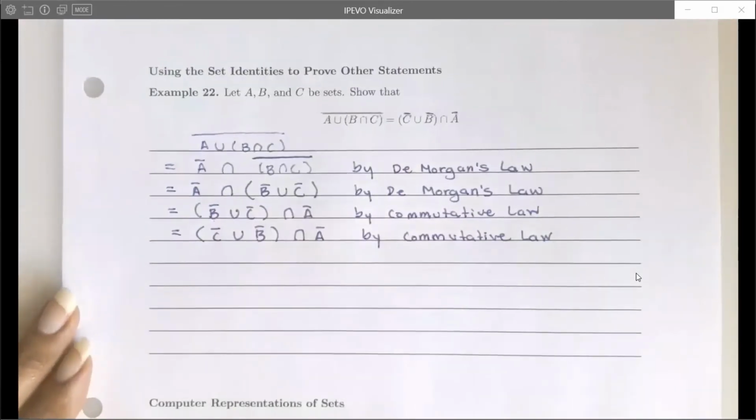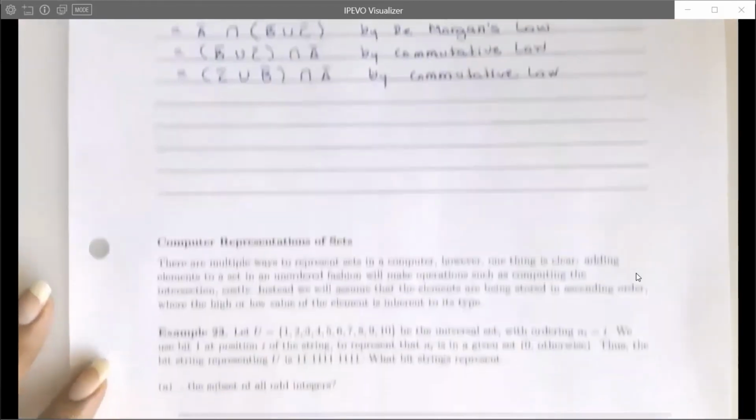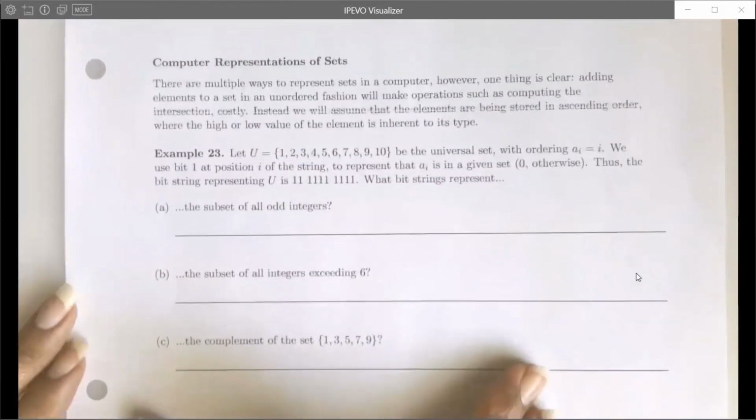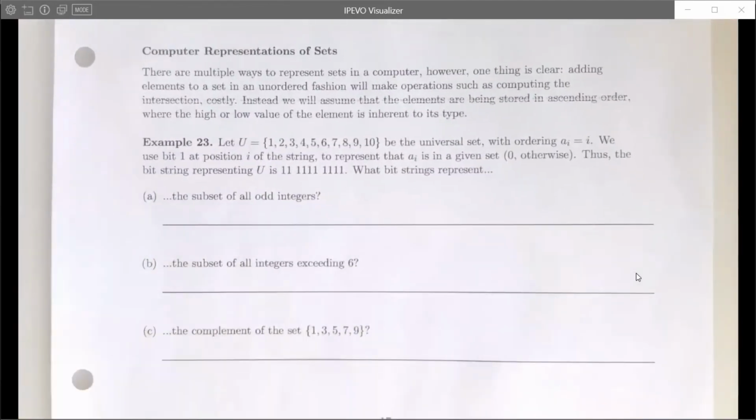All right, so let's move away a little bit from set identities and focus on the computer representations of sets. There are multiple ways to represent sets in a computer. However, if we try to add elements to a set in an unordered fashion, that is going to make operations for intersection or union very costly, right?